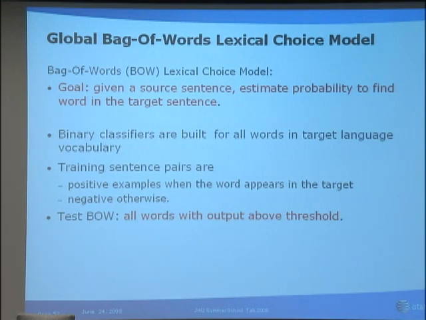So for all those reasons, what we are trying to do is to estimate the probability of finding a word in the target sentence given the entire source sentence. All we are saying is, don't worry about the order of the words on the target side. Just tell me what words I should produce, independent of the order.